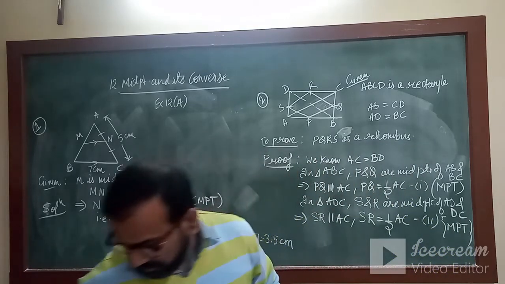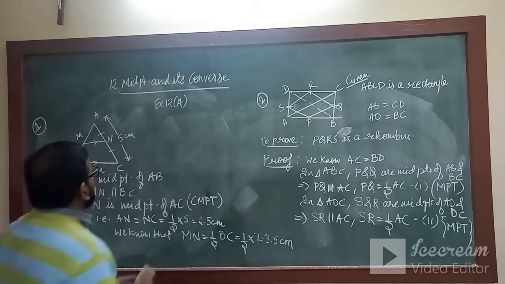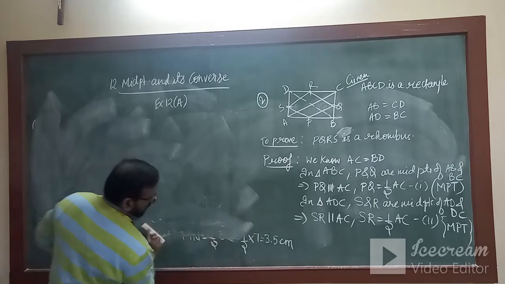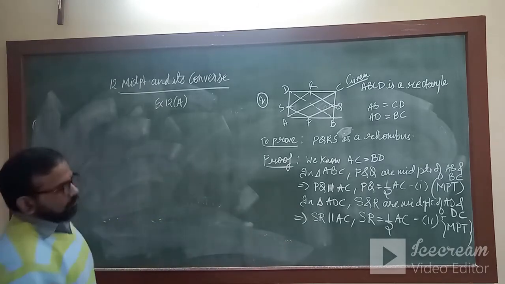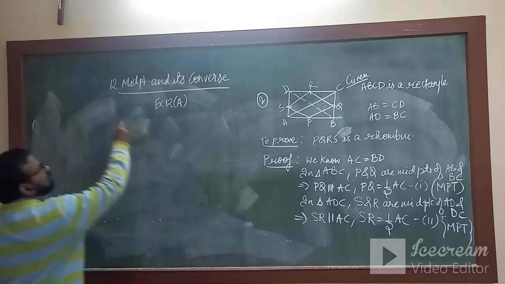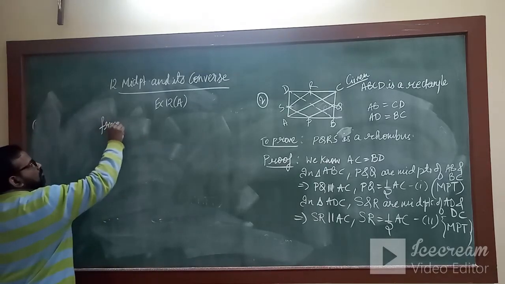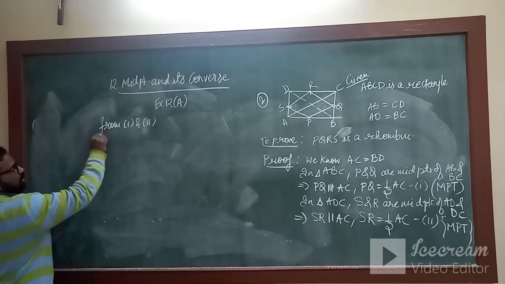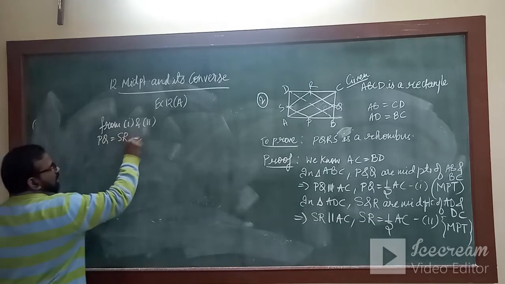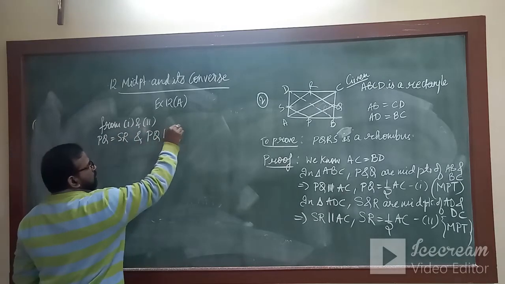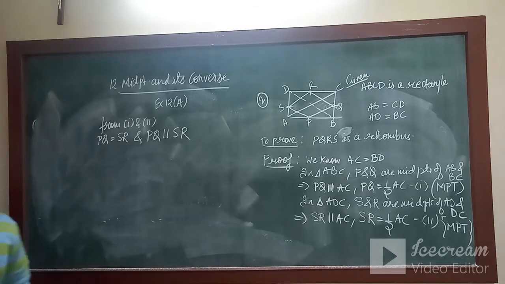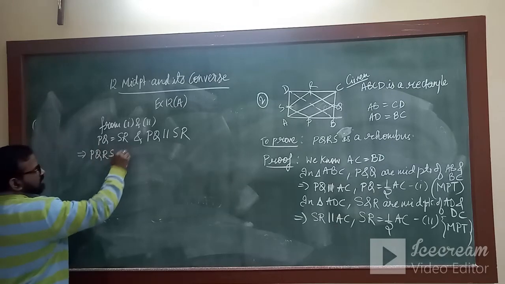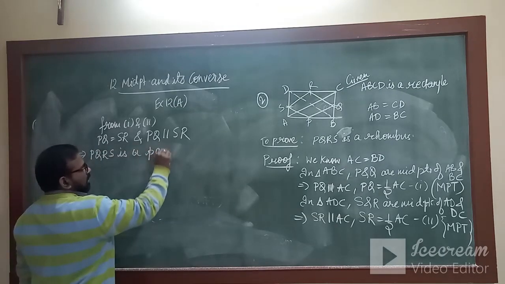Now if you see very carefully what we will get, from 1 and 2, PQ equal to SR and PQ is parallel to SR. So we got one pair of sides as equal and parallel, so we can say that PQRS is a parallelogram.